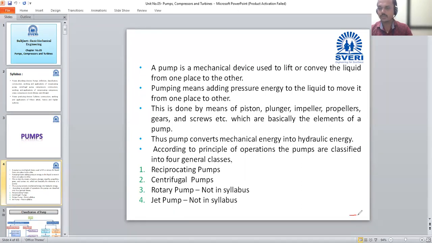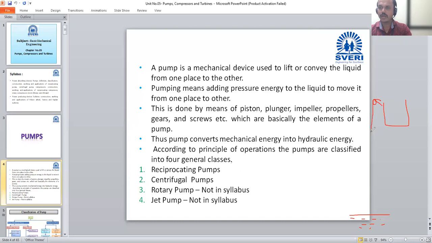For example, suppose this is the water source, and I have to lift this water into this tank. In the traditional way, what we do is attach one pulley here. I think I have given this example also.